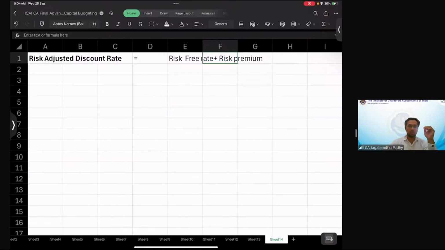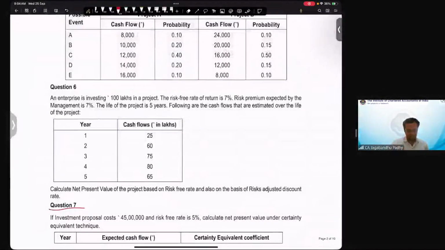So we'll look at illustration 6 now, guys. That's question number 6. An enterprise is investing 100 lakhs in a project. The risk-free rate of return is 7%.